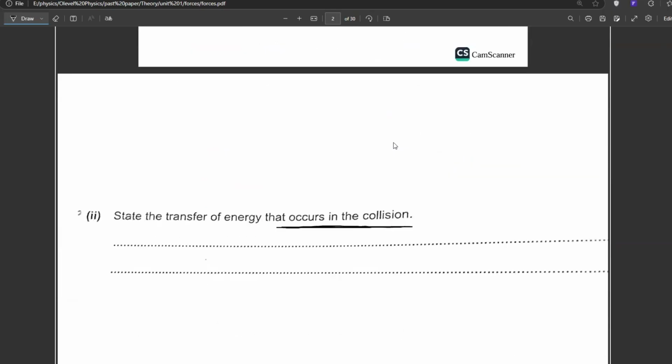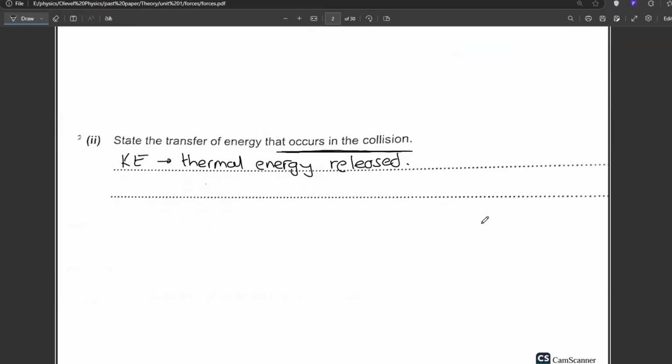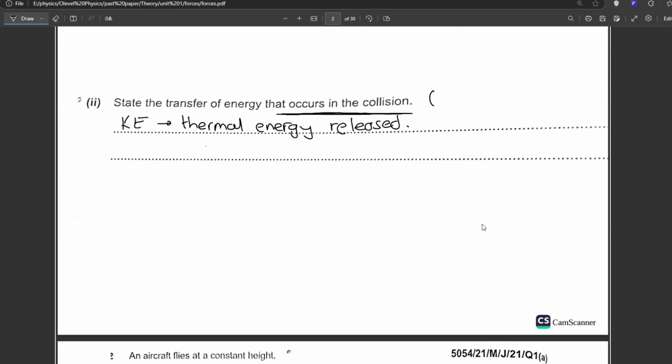So you can say kinetic energy gets converted into thermal energy released at the collision. Or if you want to just write kinetic energy converted into thermal energy, that will also give you a one-on-one here. This was a one marker question. Let's move on to the next question.